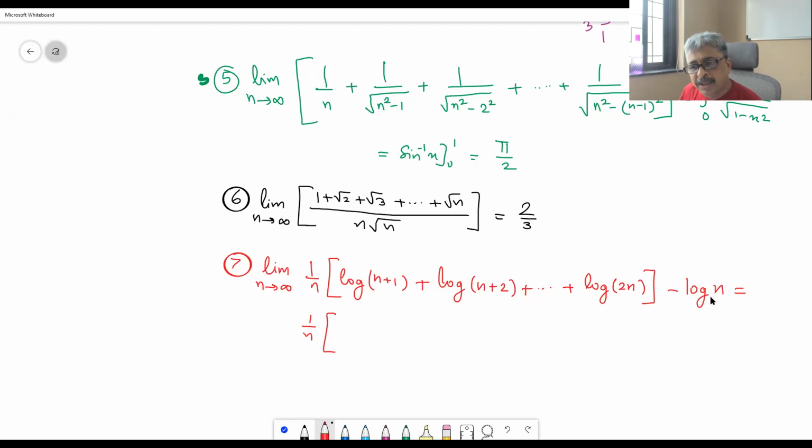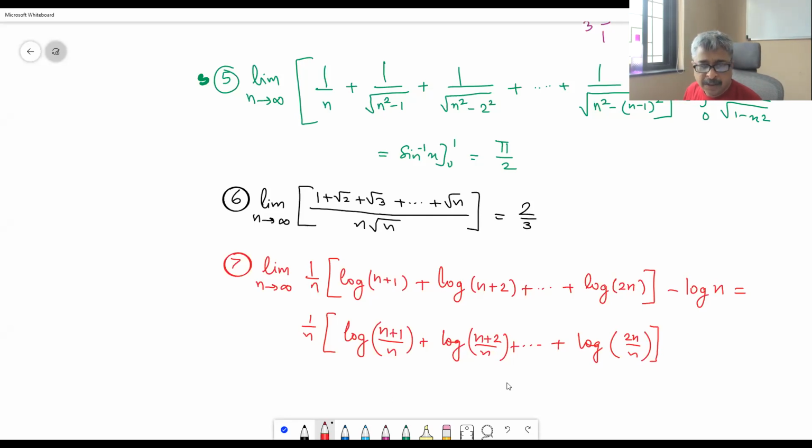So every log n is given to one term. Therefore we get log n plus 1 upon n plus log n plus 2 upon n plus dot dot dot plus log 2n upon n. If we absorb this term inside the bracket.